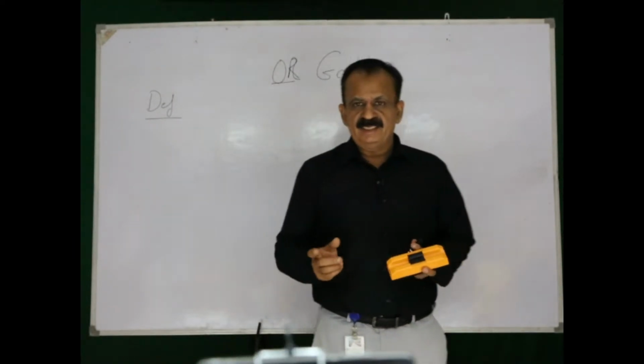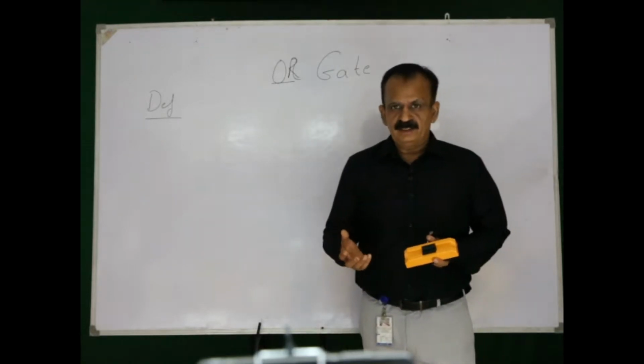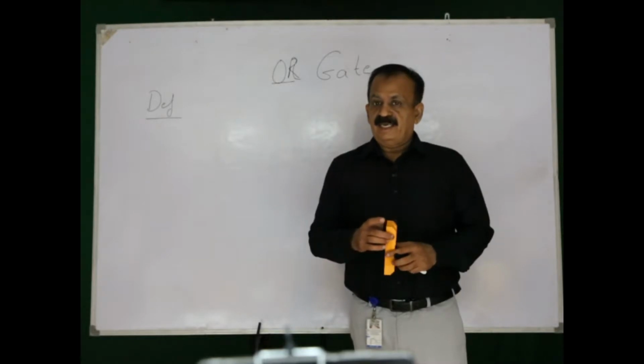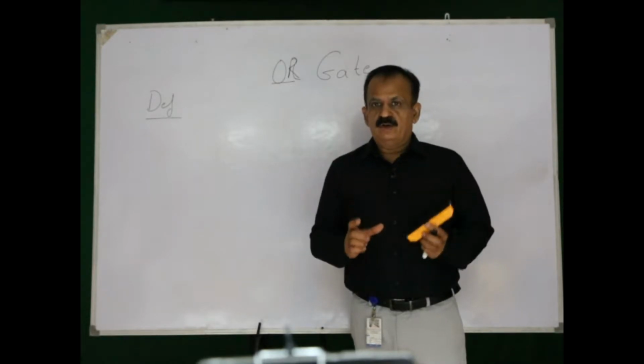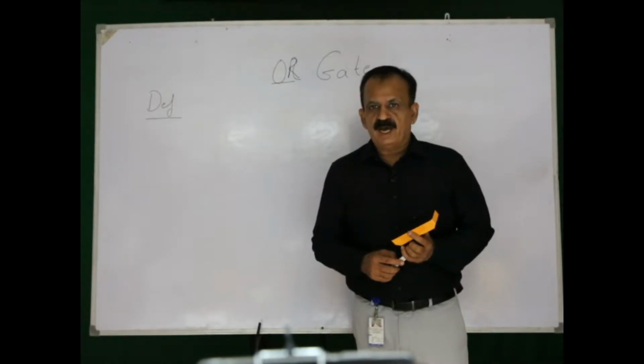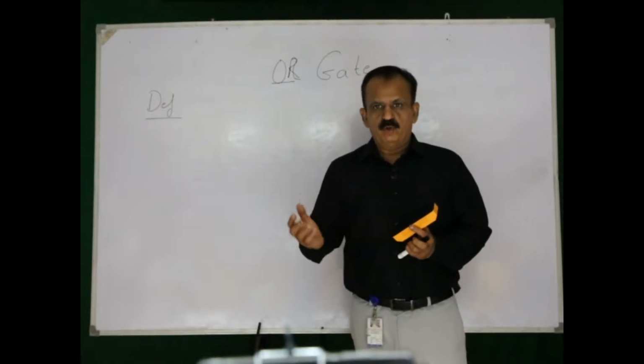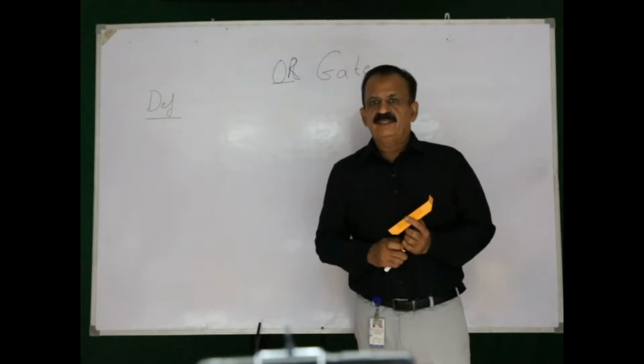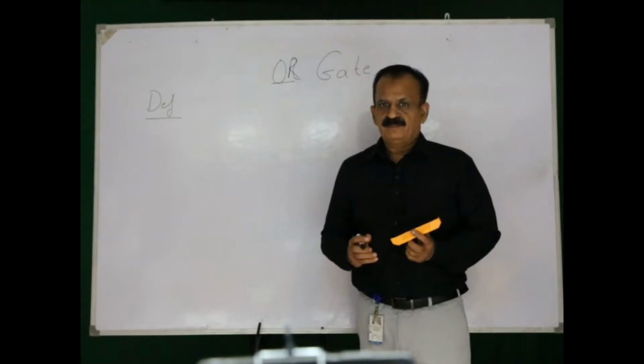The output is high when any one or all inputs are high. Again, it is a logical circuit with one output and two or more inputs. The output is high when any of the inputs is high.